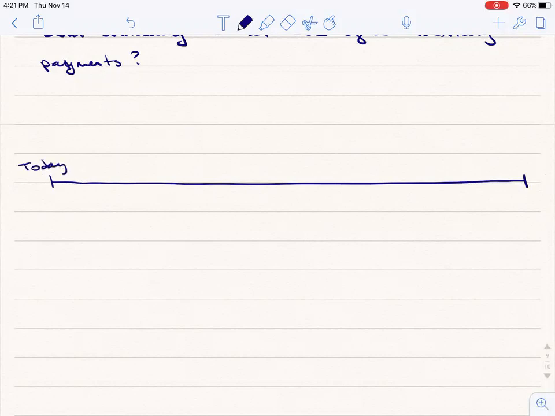So to map this out, I'm gonna wish I had a bigger page, but oh well. We'll start today, and for 15 years, and I'm gonna put the 15 years up above, because I'm making monthly payments, and so that's more relevant.